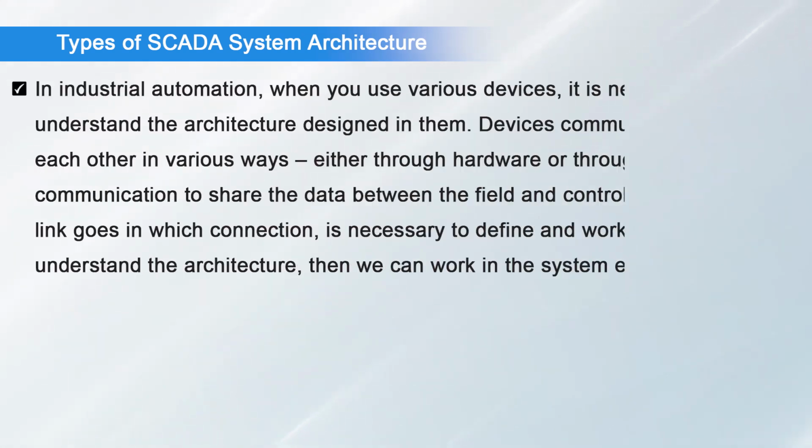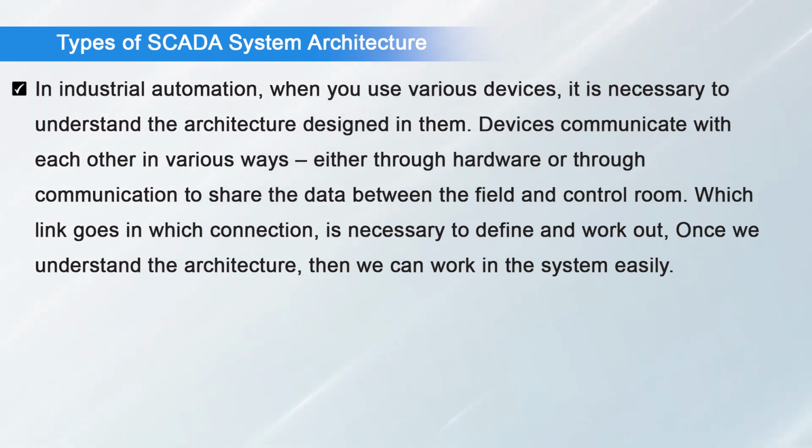Now comes the types of SCADA system architecture. In industrial automation, when you use the various devices at the physical level, it is necessary to understand the architecture designed in them.